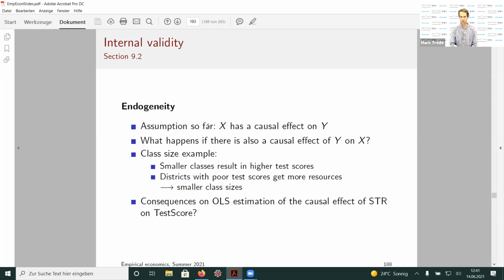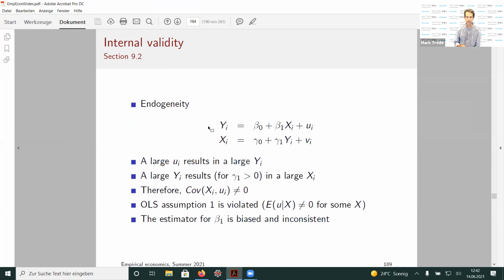Okay, so what are the consequences? Let's go back to the class size example. What are the consequences of OLS regression when you ignore the causal effect which goes from Y to X? Well, let's write that down. So the first line is the regression that we have always looked at.